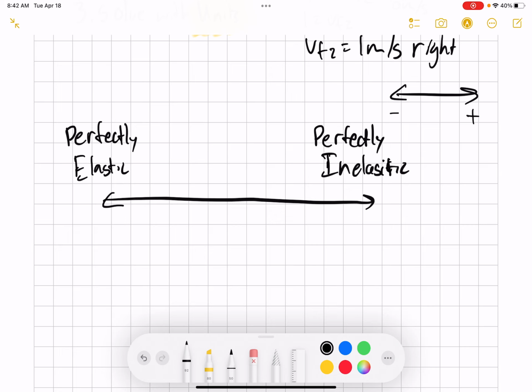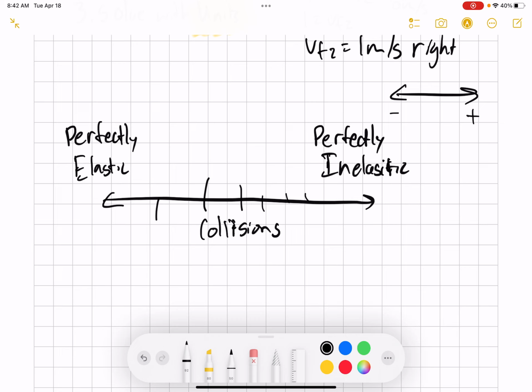Most collisions happen somewhere in the middle part here. These are where most collisions are, and they aren't either type. Most collisions aren't necessarily one of the special types, but at the very ends of the spectrum we have the perfectly elastic and perfectly inelastic.